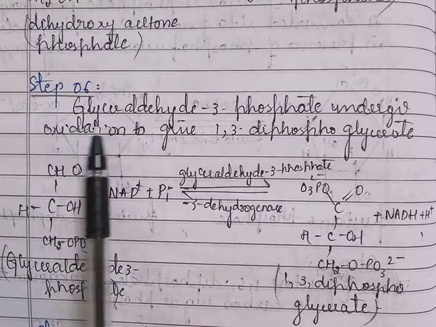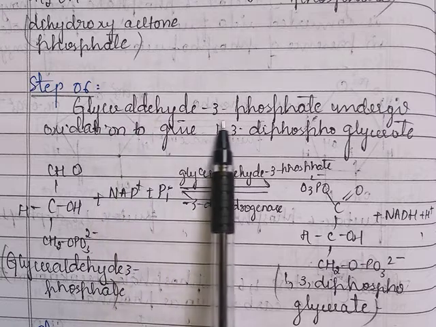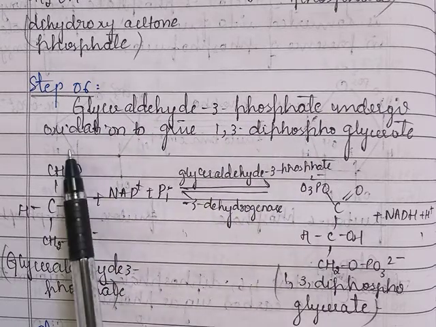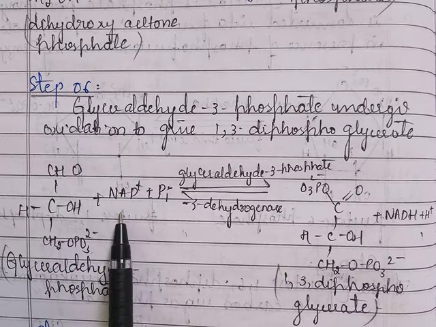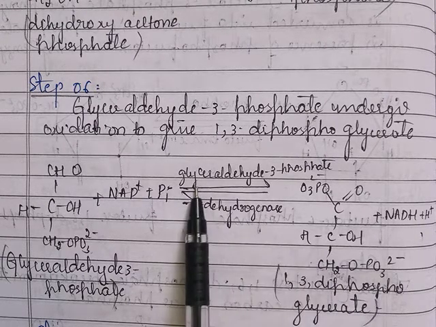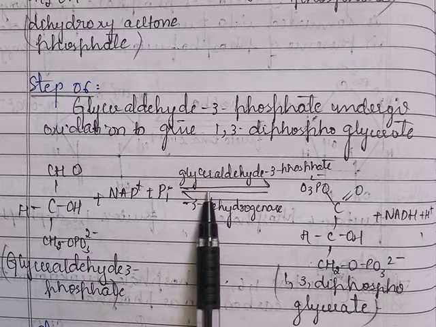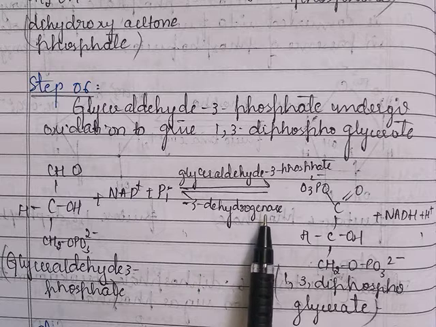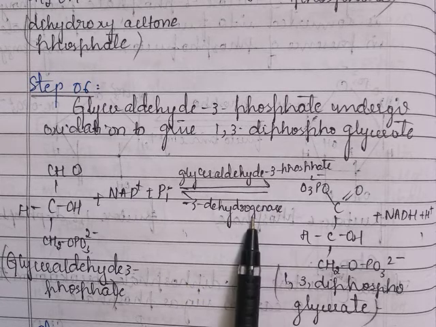So next let us see step number 6. In step 6, the glyceraldehyde 3-phosphate, which is formed in step number 5, undergoes oxidation to give 1,3-diphosphoglycerate, in the presence of an enzyme called glyceraldehyde 3-phosphate dehydrogenase.